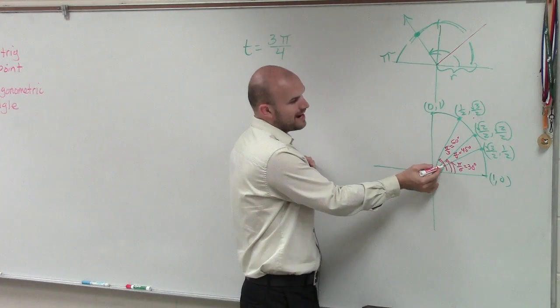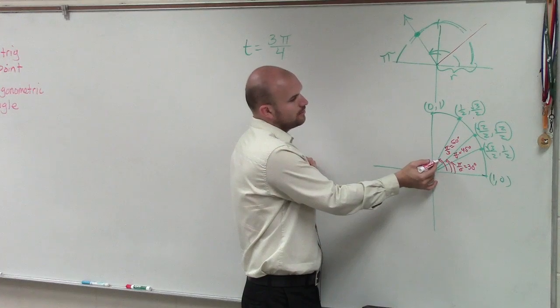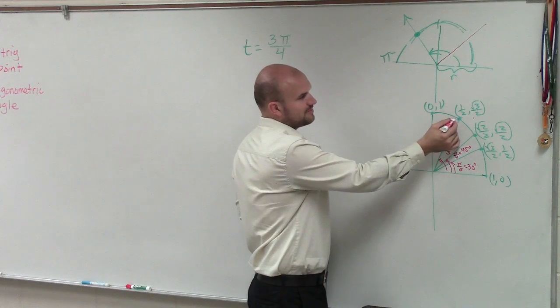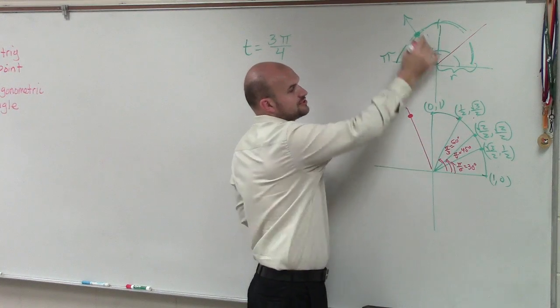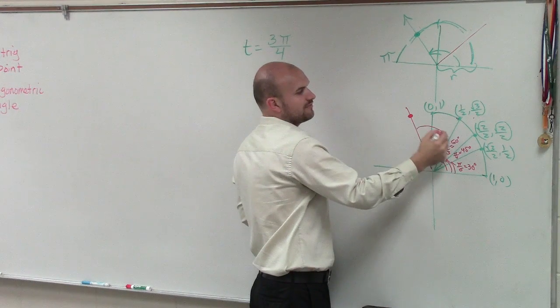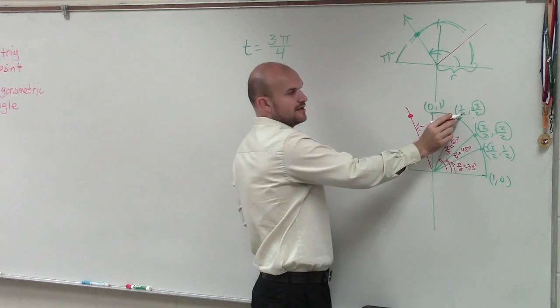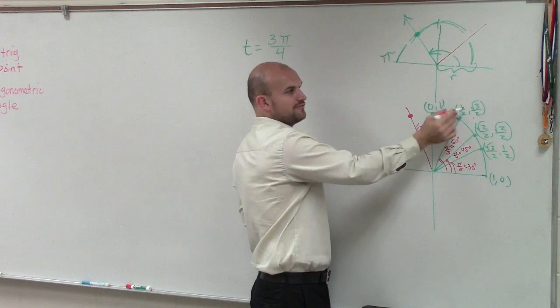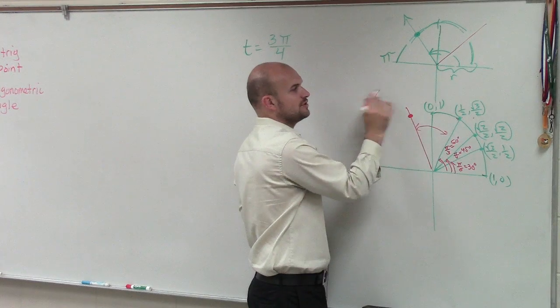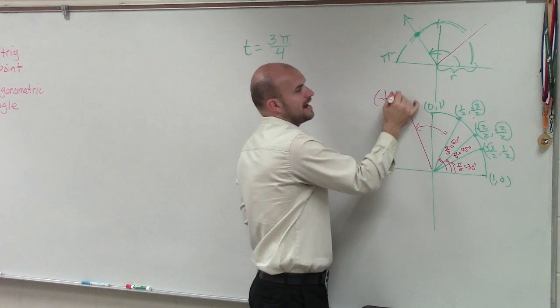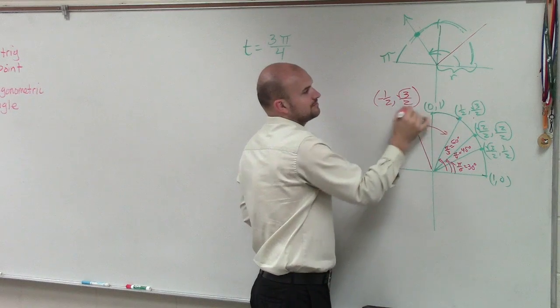If this is pi thirds here, this next one is just going to be a reflection over here. This angle is a reflection over the y-axis of this angle. So if I take this angle and reflect it over the y-axis, it's going to be -1/2, square root of 3 over 2.